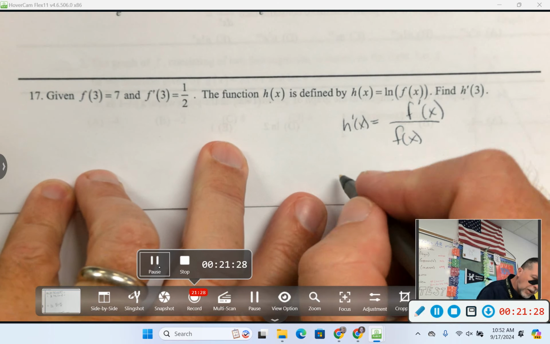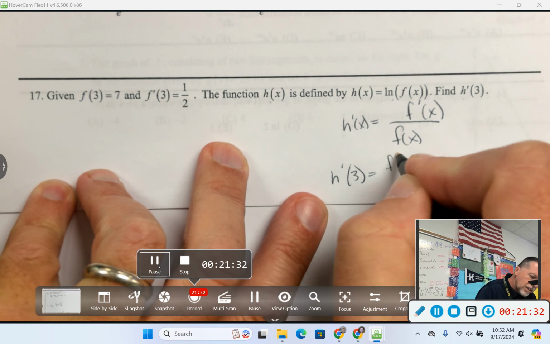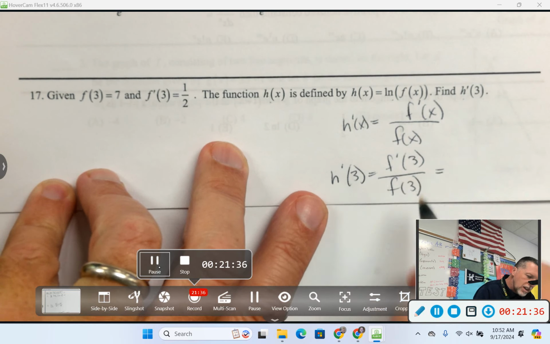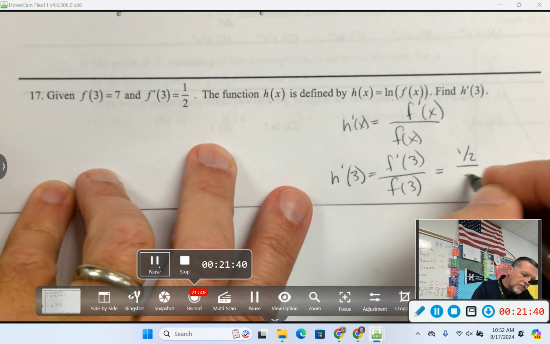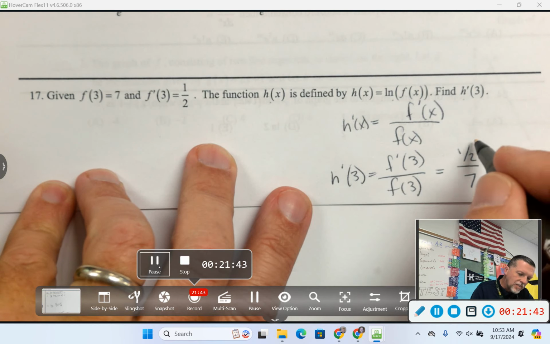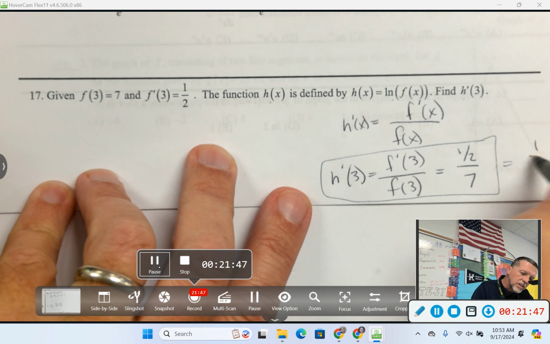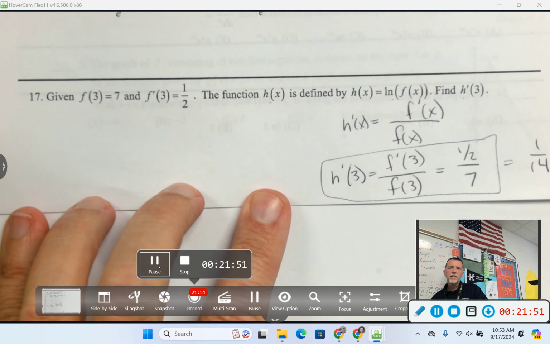So, yeah, this isn't bad. H prime at 3 then is f prime at 3 over f of 3, but they gave us both of these, so 1/2 over 7. And safe stop, thank you very much. Also known as 1/14. Okay, even fractions over fractions are okay for safe stops.